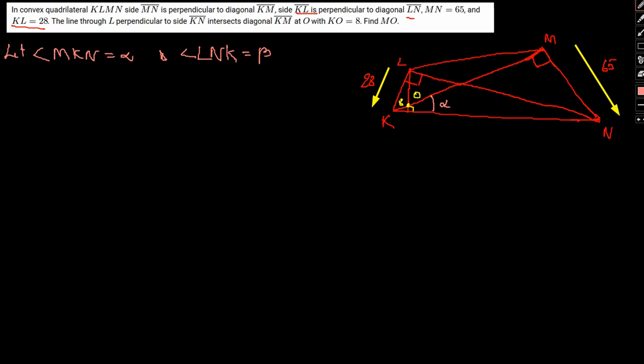See, this is beta. Also angle KLP, this particular angle will again be beta. Hopefully this is clear to you.